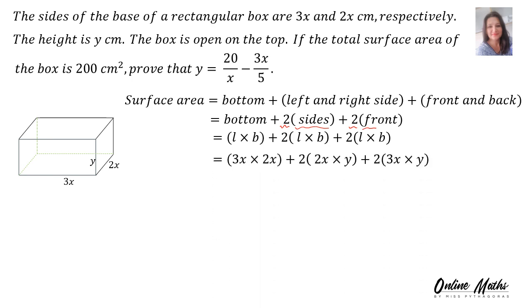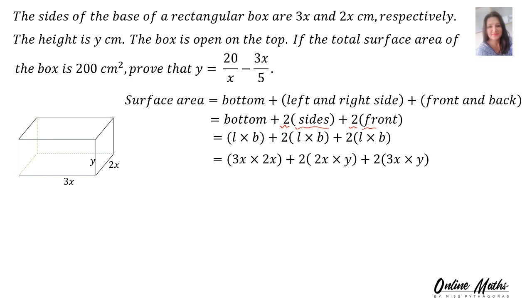Let's substitute. So for the bottom, length is 3x times the breadth is 2x. For the sides, 2 times the length is 2x times the breadth is y. And then for the front, 2 times the length is 3x and the breadth is y.